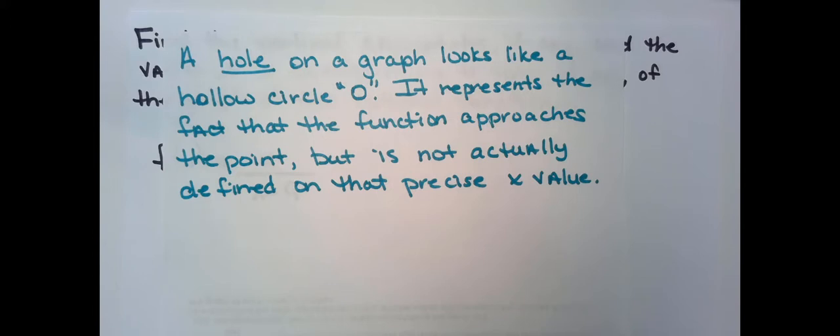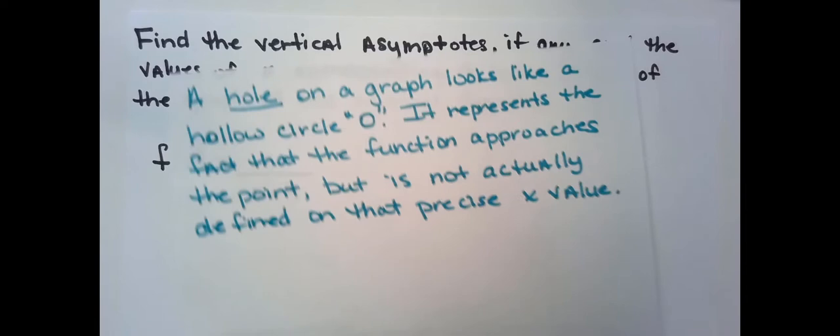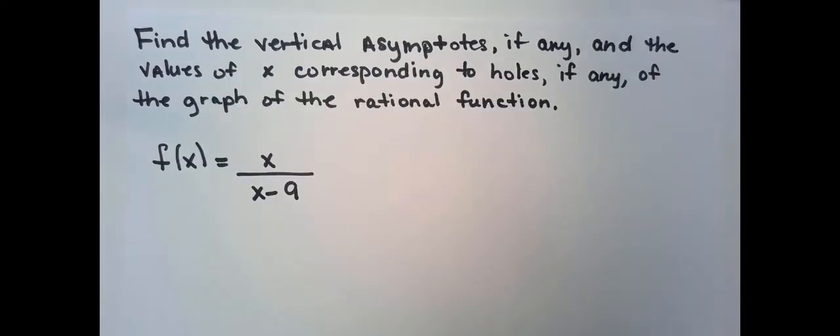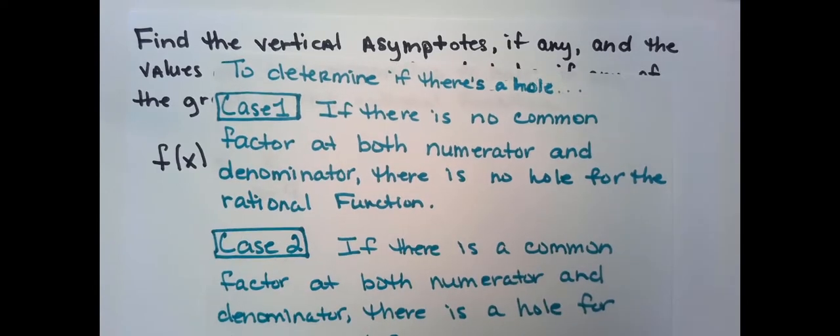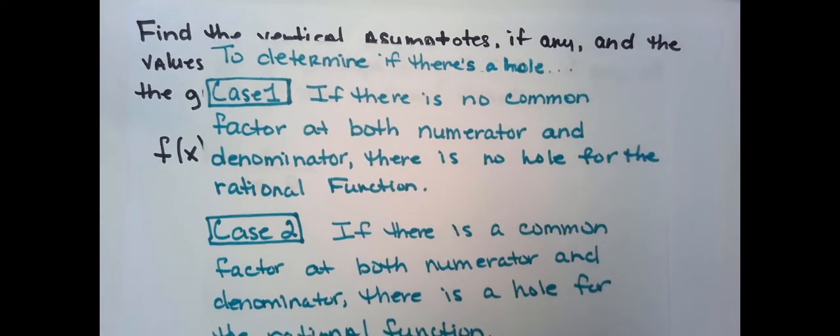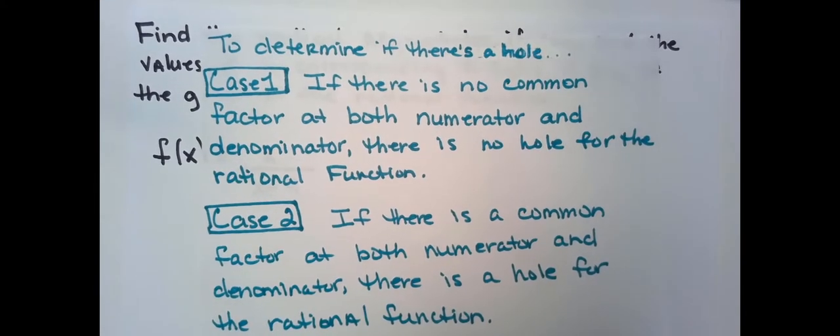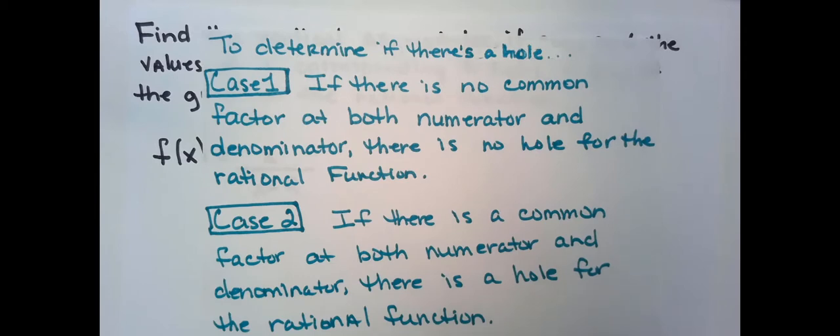So we're going to do some examples where there isn't a hole, and when there is a hole. There are two cases to determine, when finding the vertical asymptote, whether there is a hole or not. Case 1: if there is no common factor in the numerator and denominator, there is no hole for the rational function.